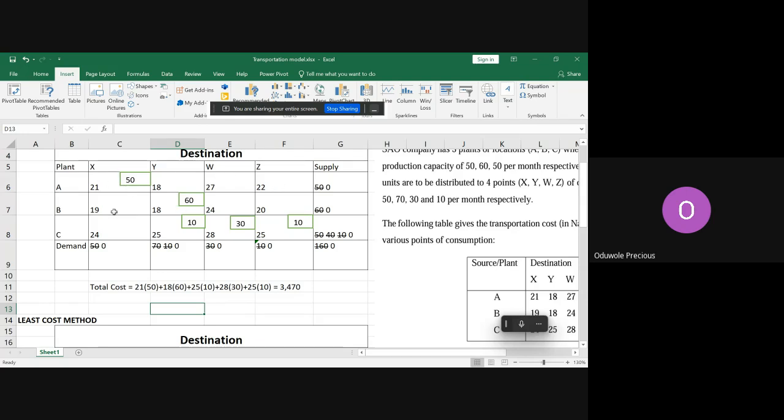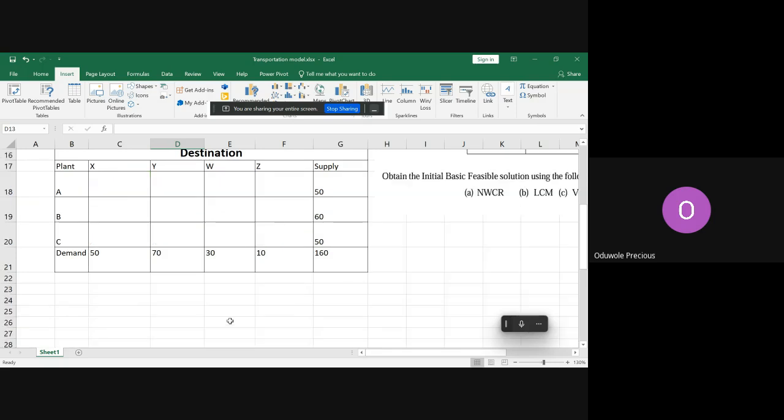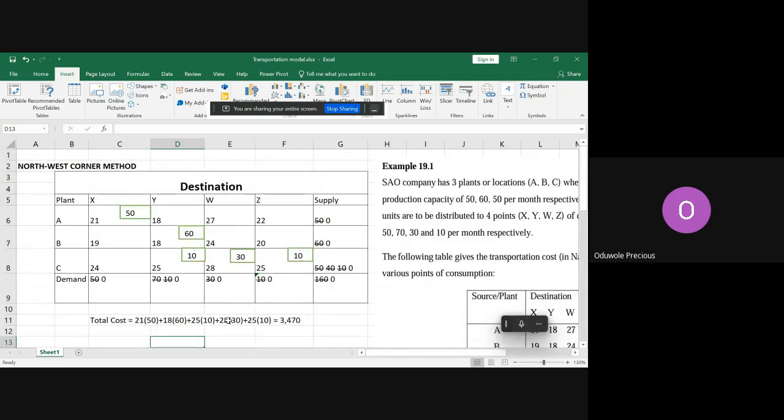And columns: 1, 2, 3. 7 minus 1 is 6. Our allocations: 1, 2, 3, 4, 5. This is 5. That means it didn't meet the second requirement. But at least you understand this is the correct solution, although it didn't meet the second requirement.